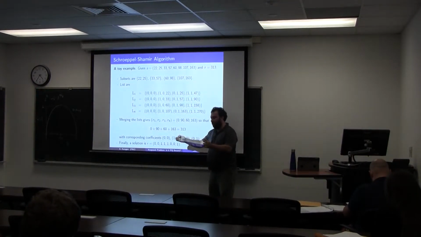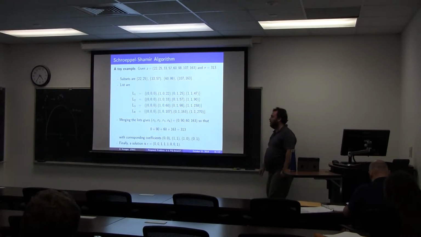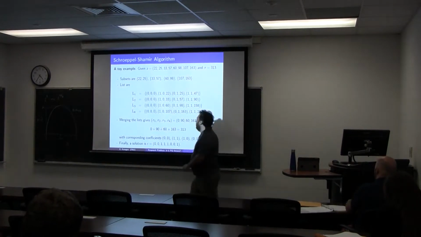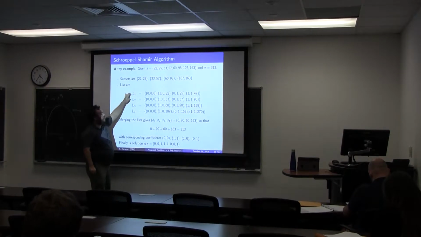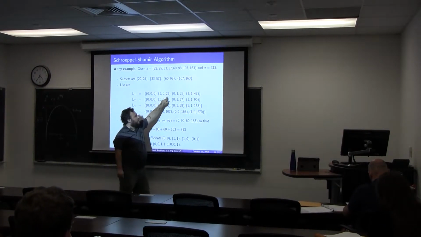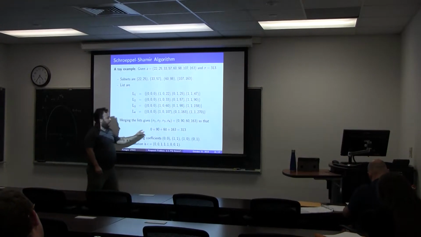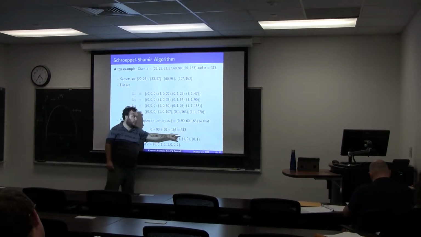By dividing into subsets, you create all possible lists. And you try to find sigma 1, sigma 2, sigma 3, sigma 4. Sigma 1 here, sigma 2 here, sigma 3 here, sigma 4 here. The last components to be a decomposition of 313.